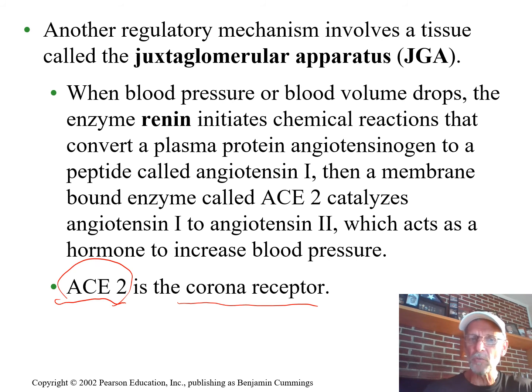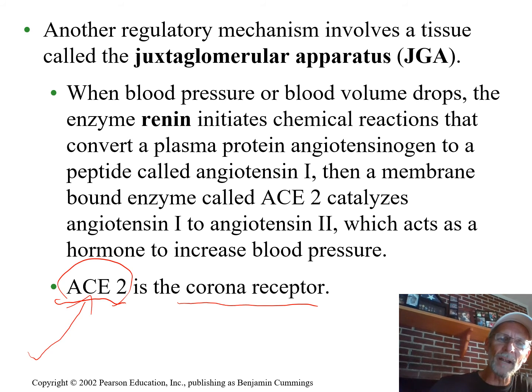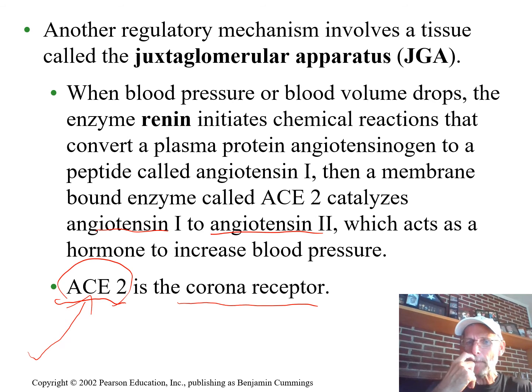Because your blood is mostly water, and if there's not enough water, then your blood pressure is a little too low, right? Well, if your blood pressure gets too low, then another kind of hormone is produced, which this enzyme converts to a different hormone, all of which you don't need to know the names of, right?